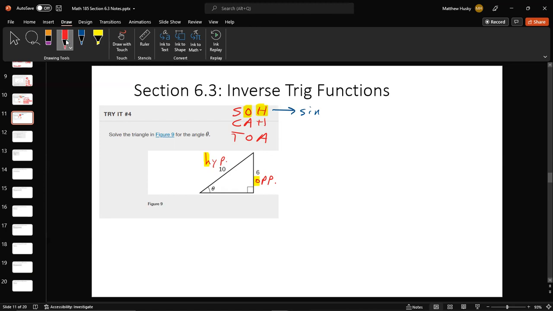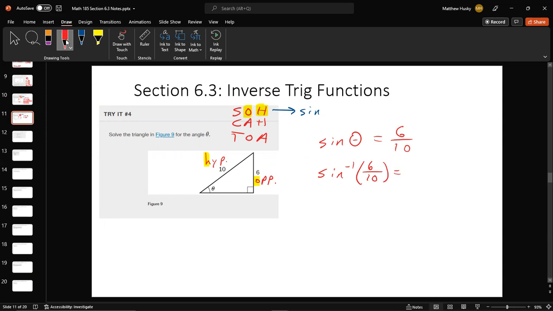So then what this means is that the sine of theta is equivalent to 6/10. If my goal is to solve for theta, to find an angle I don't know, that's what the inverse trig operations are for. You have sine inverse of 6/10. And I'm still in degree mode, so I'll give you the degree one first.